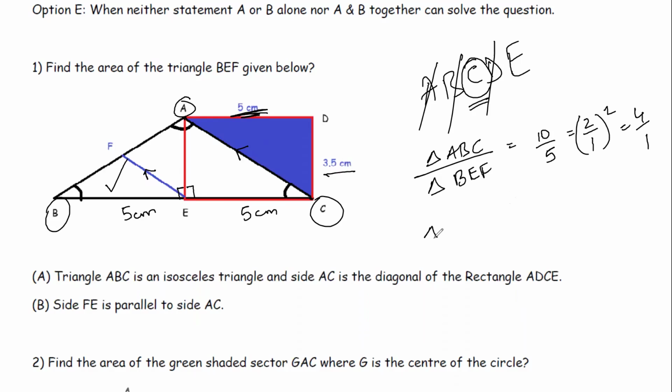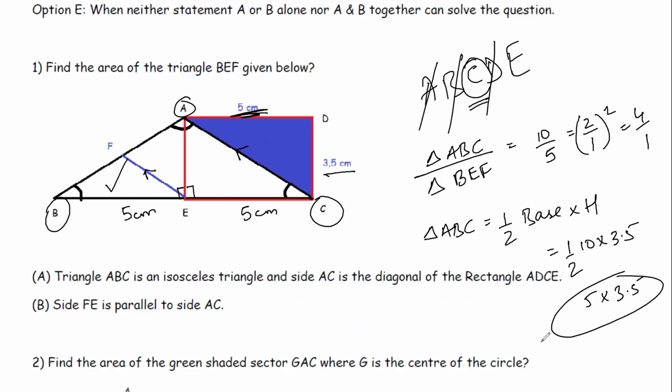So the triangle ABC area is half base times height. So that's half, base is 10, and the height is 3.5. So it is 5 times 3.5, whatever that is, okay? 17.5, I believe. 5 into 0.5 is 2.5, and 5 is 15.